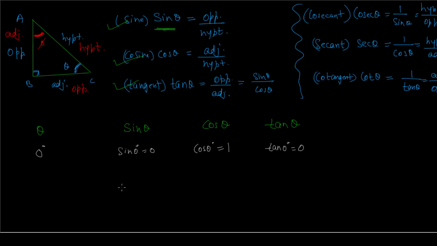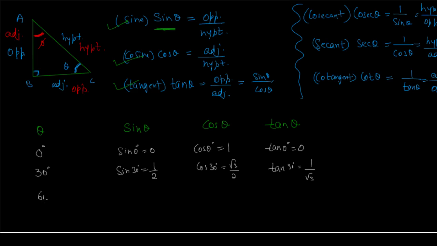So that's the sine, cos, tan values for 0 degrees. Next we have 30 degrees. Sine 30 is equal to 1 by 2. Cos 30 is equal to root 3 by 2. And tan 30 is equal to 1 by root 3.